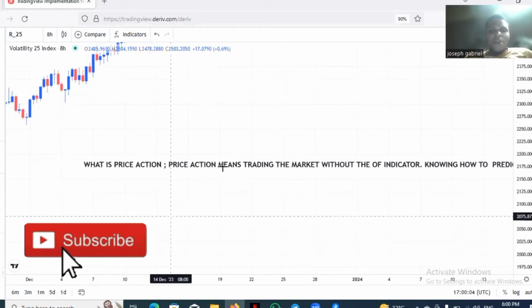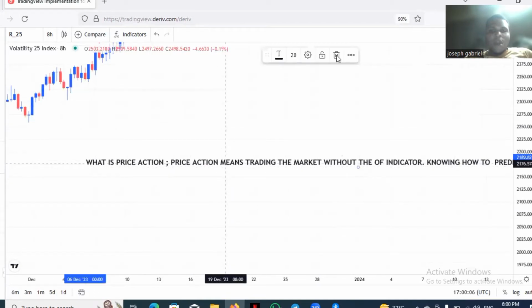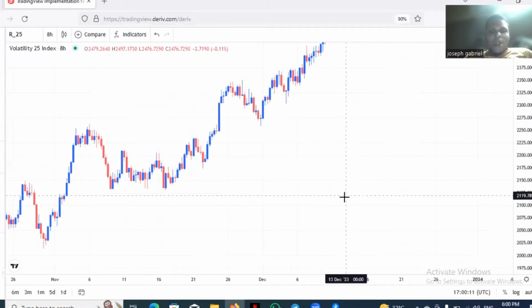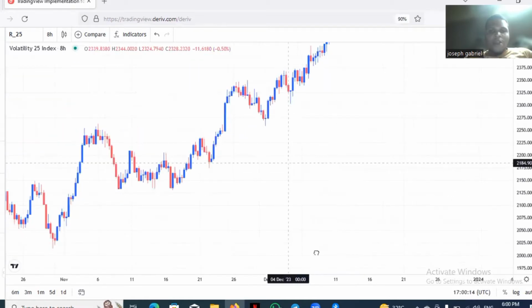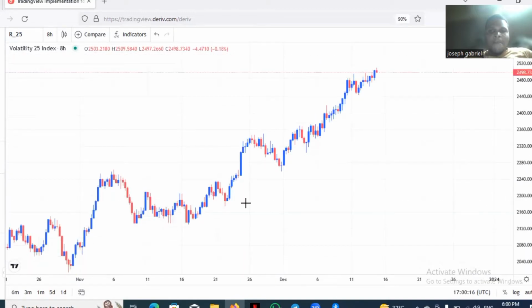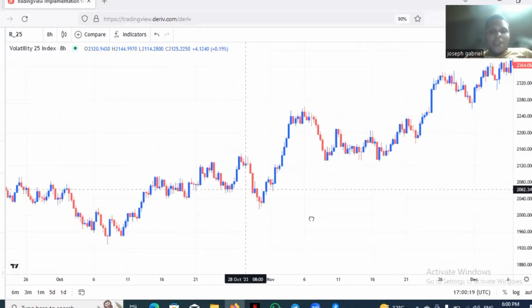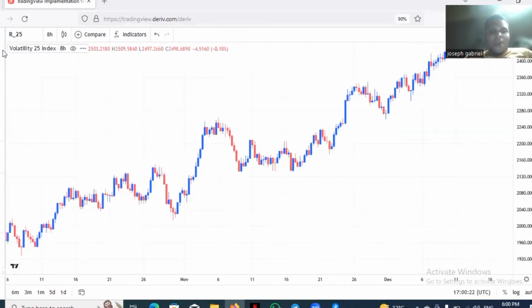Just like this, for instance, you can see this particular market here. This is VIX 25. I can tell that this market is on a buy trend.